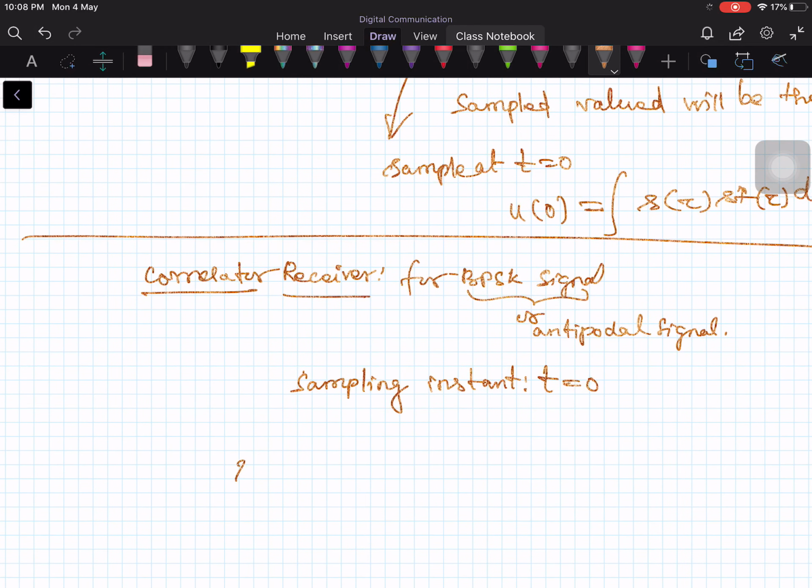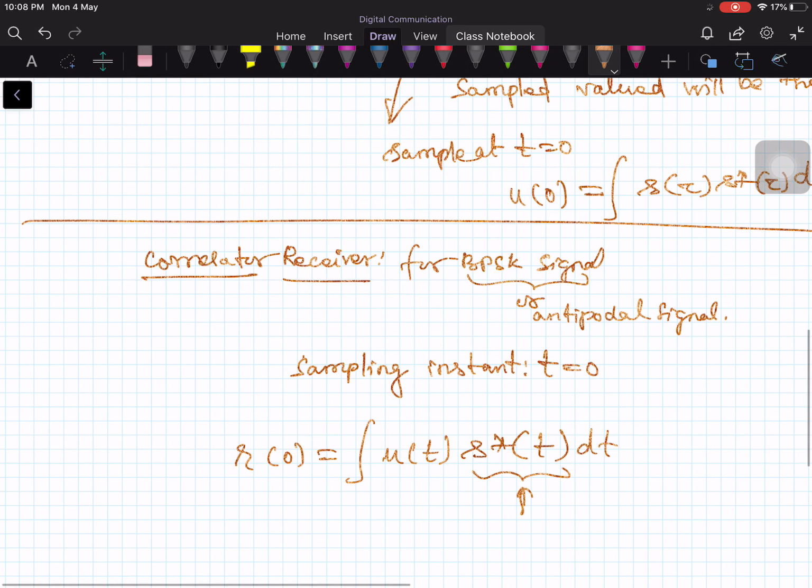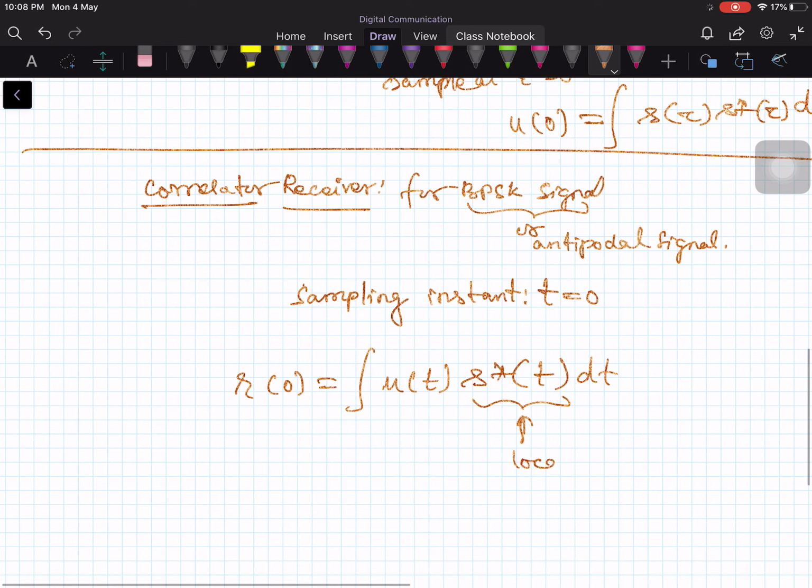Therefore, the received signal sampled at t equal to 0 is going to be your received signal u of t multiplied with the transmitted signal s of t and integrated dt. This transmitted signal is locally generated, and this is the received signal.